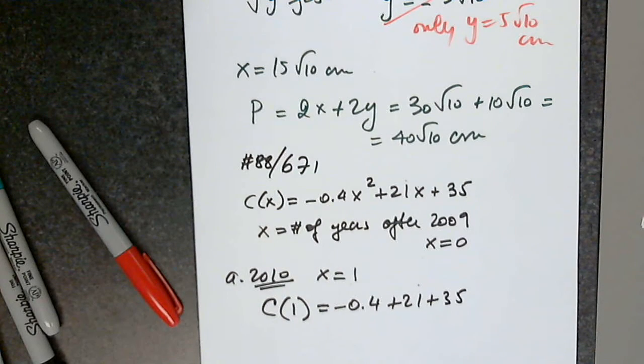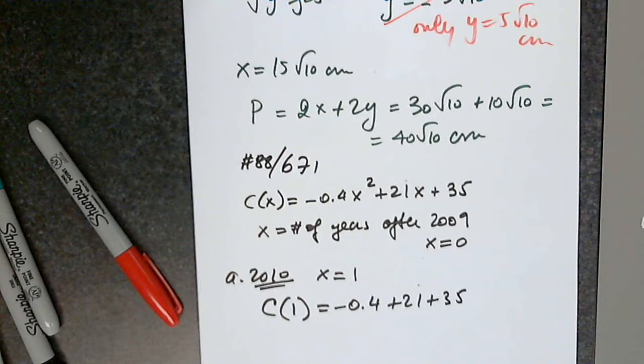I would like to show you how to put this in the graphing calculator. So if you don't have your calculator, you can use mine. So in y equals, in the graphing calculator, y equals is right here under the first tab under the viewing window. In y equals, type in negative 0.4.